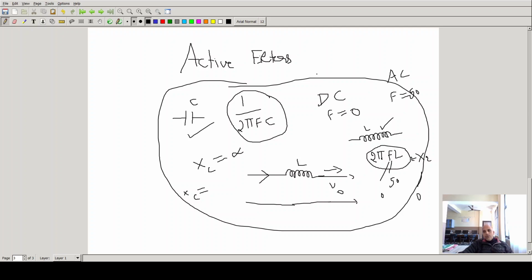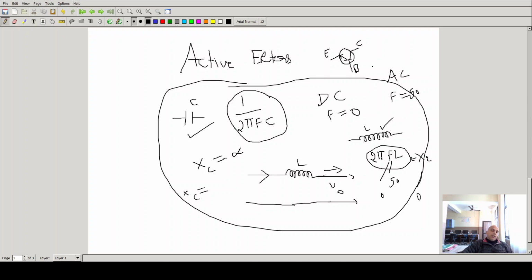As I told you, in case of active filters, we have active components like a transistor, for example, let this be NPN, with emitter, collector, and base.